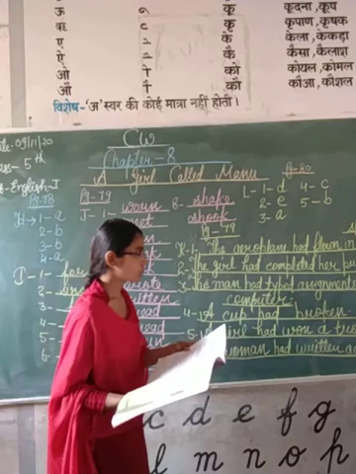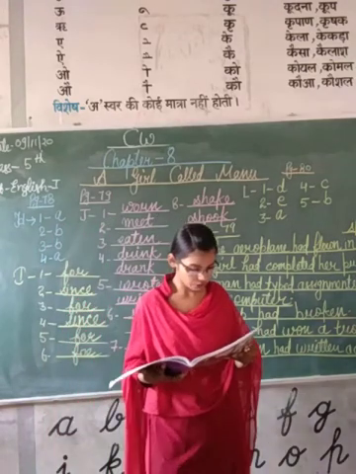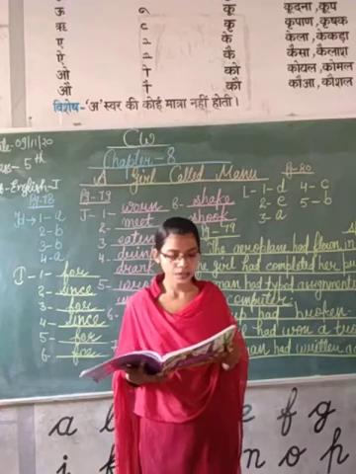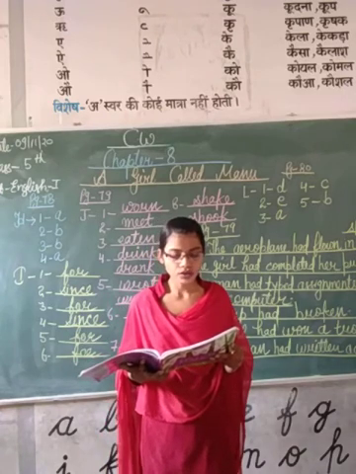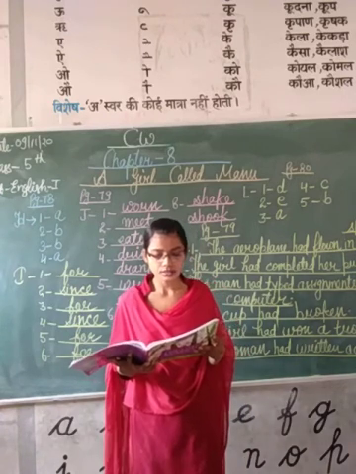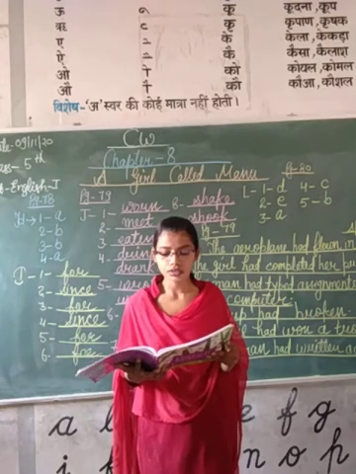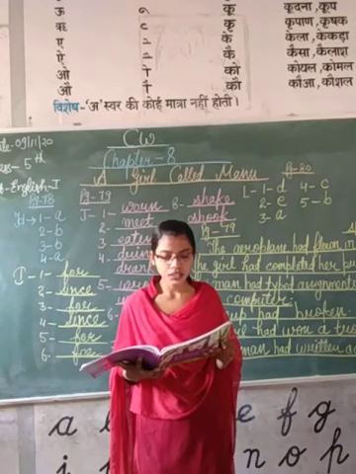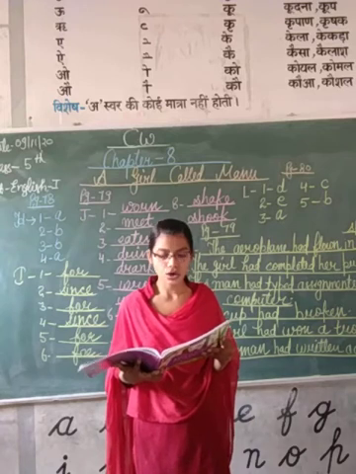Now move to the next question, which is question number L on page number 80. It is related to listening and speaking. Your teacher will read out a short text on traditional Indian theatre forms. Listen and match the form of theatre with the region to which it belongs.